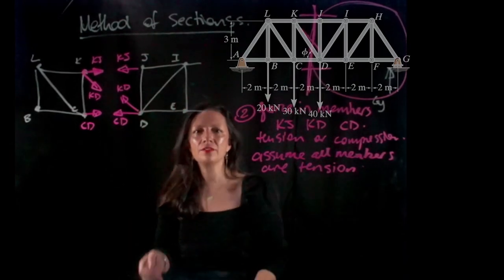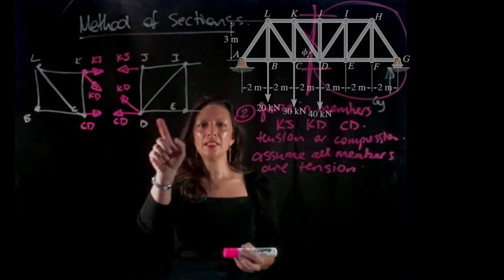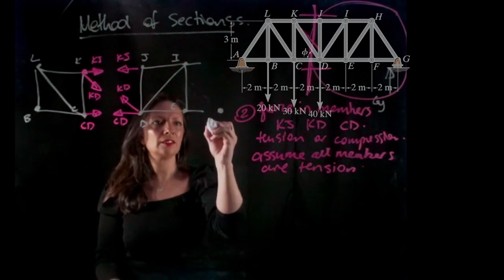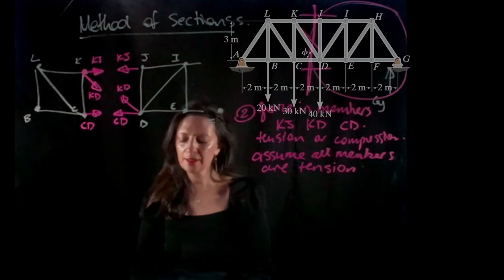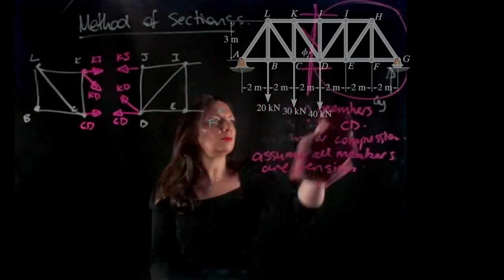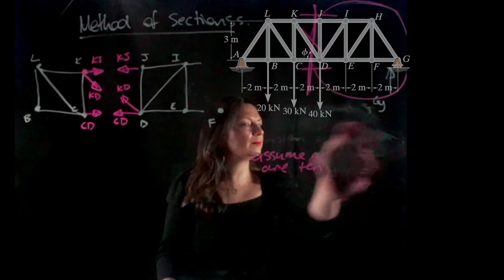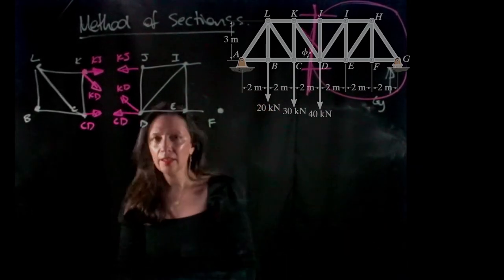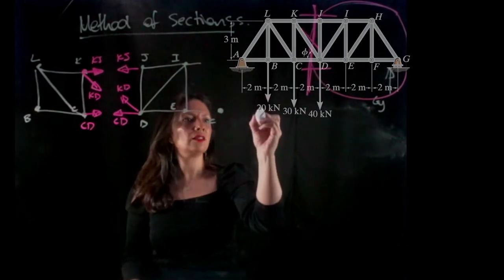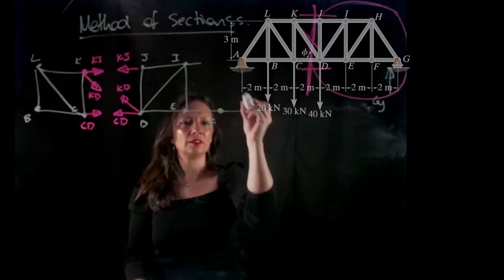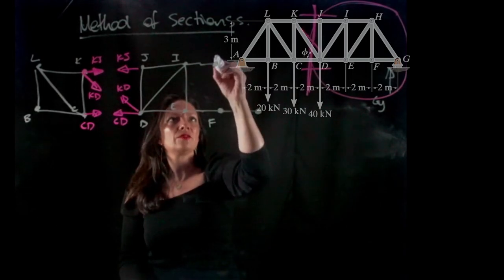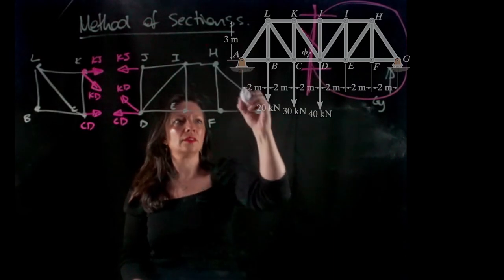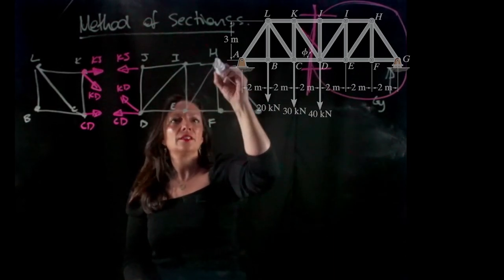So here we have D, E, F, and F and G. And here we have H. This goes that way.